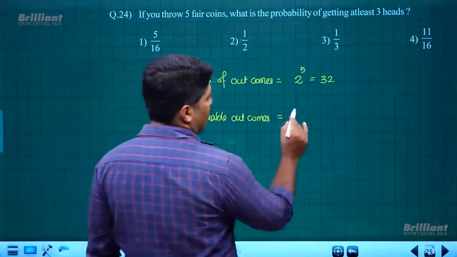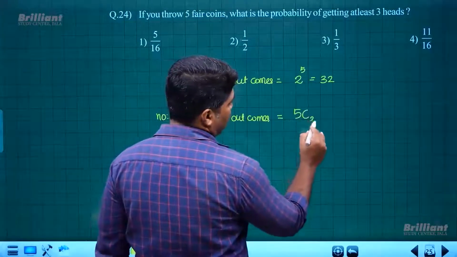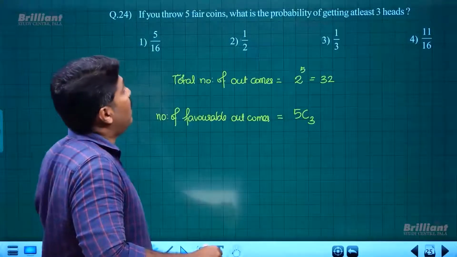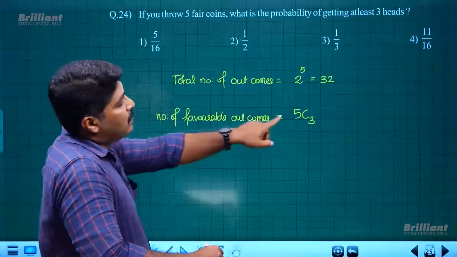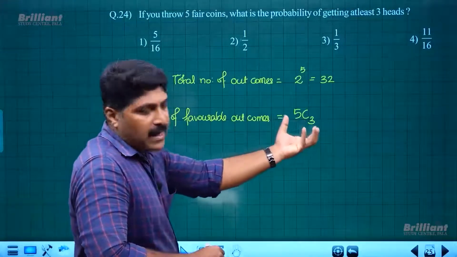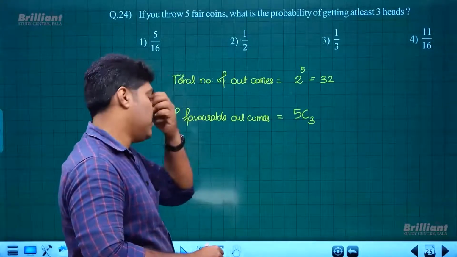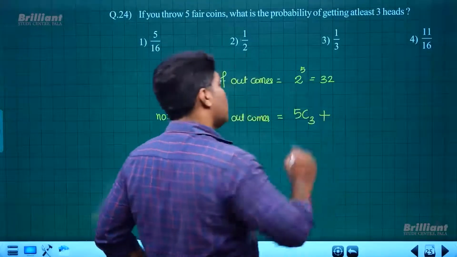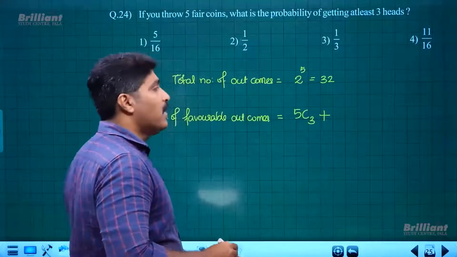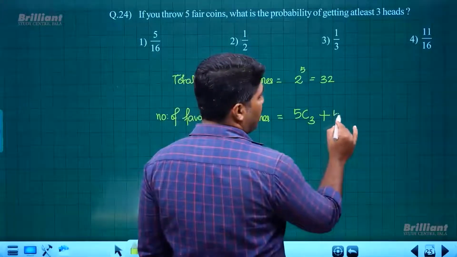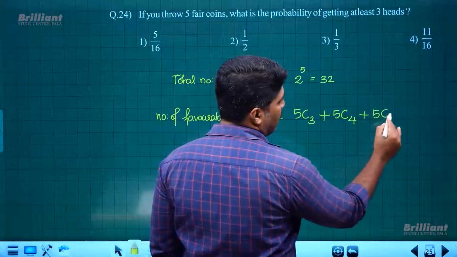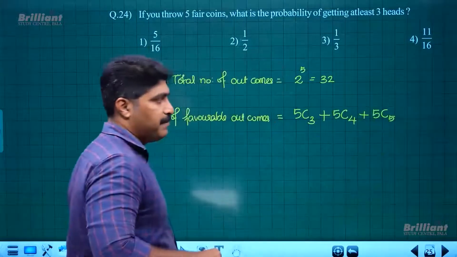Suppose we consider 3 heads. So out of the 5 tossings, exactly 3 coins show head. Then in addition, we have to consider 4 coins, that is 5C4, or the entire 5 coins show head.